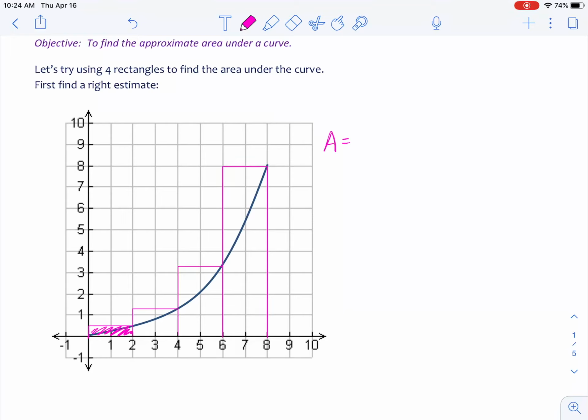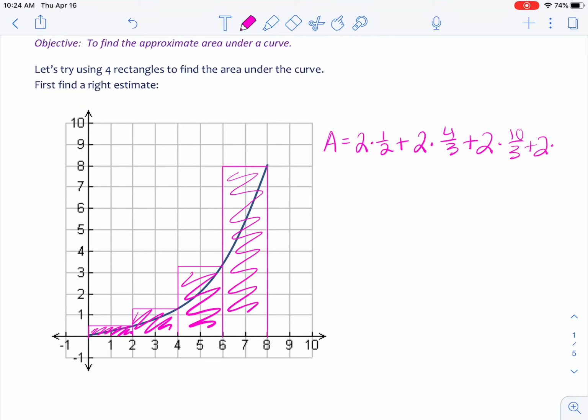So starting off with this little rectangle here, over on the left, it has a width of 2 times, and then I approximated the height to be 1/2, plus, again, the second one has a width of 2, and then I approximated that height to be 4/3, plus the third one has a width of 2, and then I approximated that height to be 10/3, plus the last rectangle has again a width of 2, and then the height would be approximately 8. So we just did width times height for each of the rectangles and then added them together to find the approximate area under this curve.